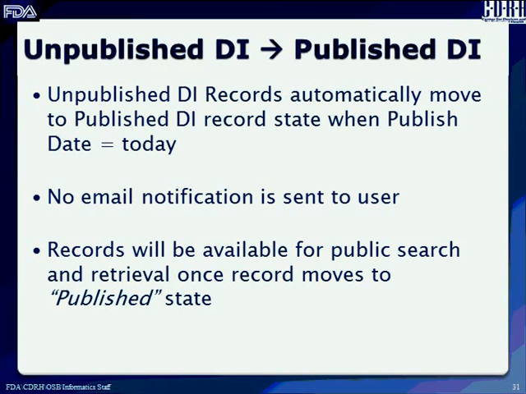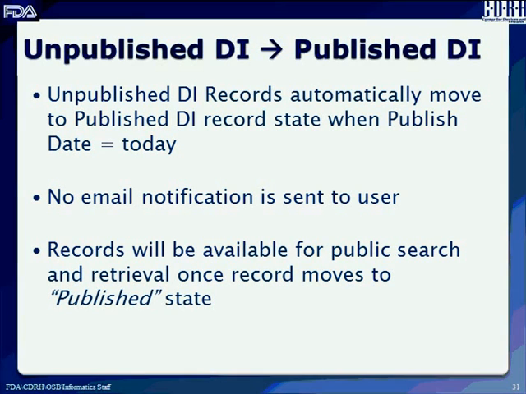If you send an SPL record that's unpublished and set the published date to tomorrow, in that case, you will get an acknowledgement saying that your submission was successfully loaded, but when the record goes from unpublished to published again, you will not get another acknowledgement. Once the record is published, of course, it will be available for public search.